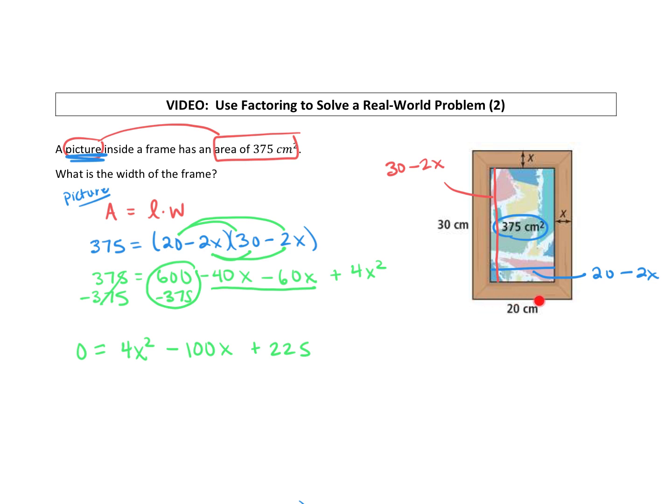If this length is 20 total centimeters, then is it possible for the length of the frame, just this part right here, to be 22.5, to be bigger than what the whole length is? That's not possible because we have our picture frame, we have our x value here and another x value there.